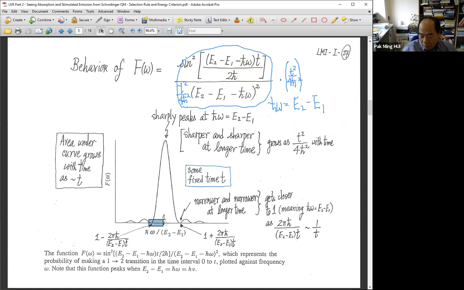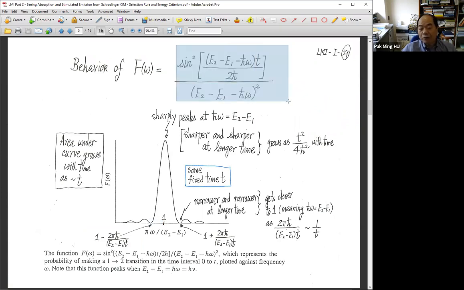All right. Now, let me summarize. For this function, we can simply look at the central bump, because all the other things are very small, all right? And this central bump has the following property. The peak takes on value that is t square. I'm not caring about the constants, okay? Just t square.